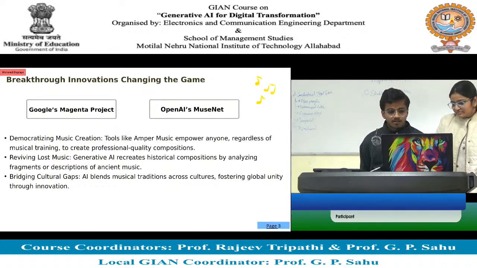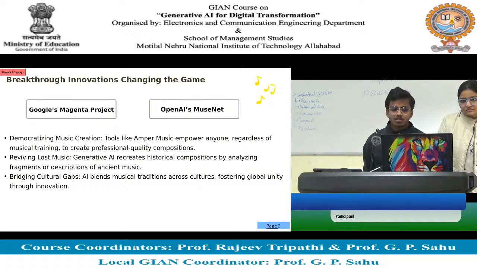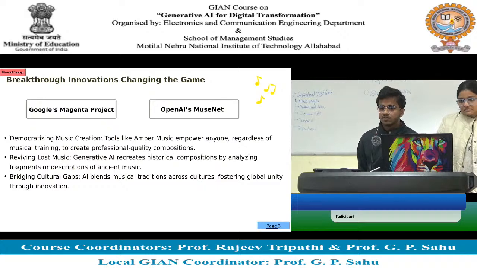People who are not professional songwriters, composers or singers can compose their own songs with the help of Gen AI tools. With the help of Gen AI, we can also generate music that has been lost in historical cases.